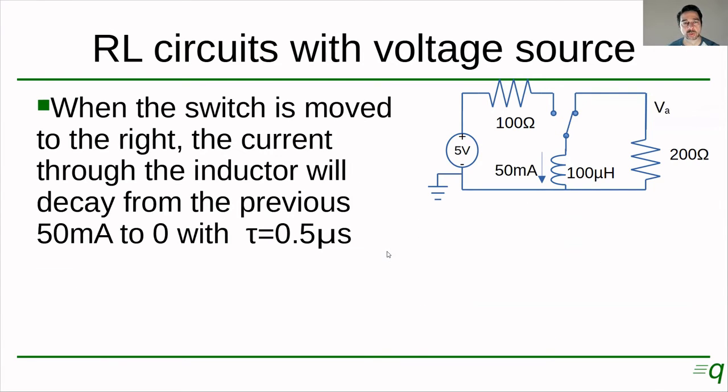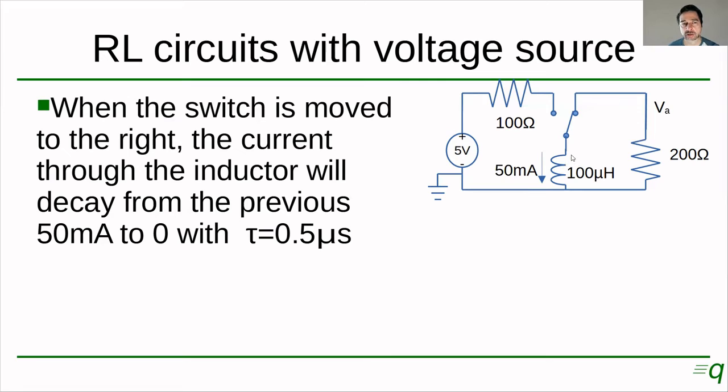Very good. So what happens when we flip the switch to the other side? When we flip the switch to the other side, these 50 milliamps will, at least initially, still be flowing through this 100 microhenry inductor. Okay?